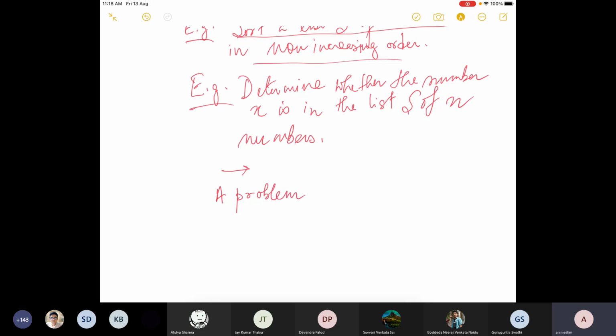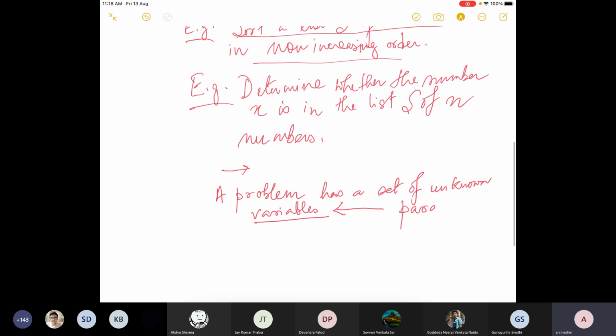A problem has a set of unknown variables. These variables are typically called the parameters. The parameters of the problem.